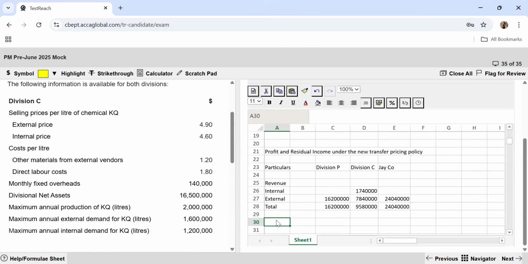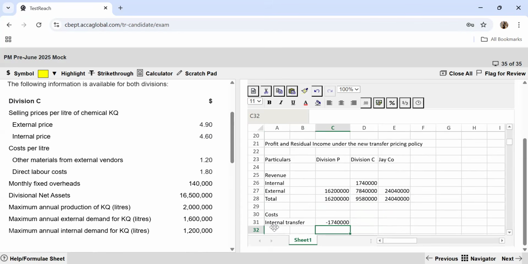Now we move ahead to the second aspect of our workings, which is about the costs. With respect to costs, the internal transfer that they have taken, so Division C has sold to Division P. That means this is the cost for Division P. Now, let's talk about the external purchases. The other material.